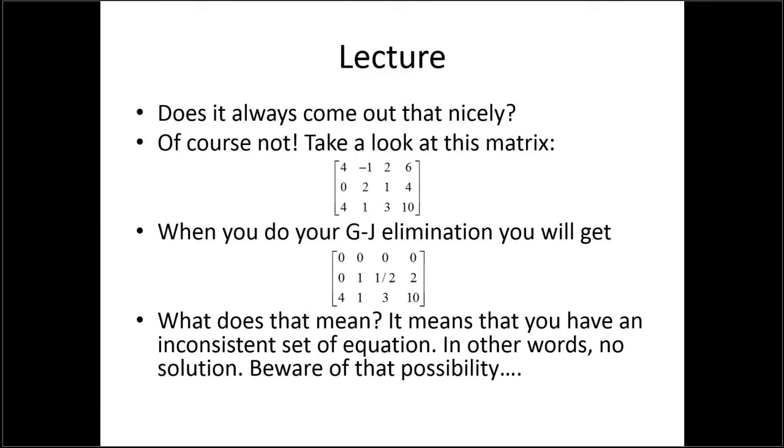What that means is that first row is no longer of use to you. It doesn't tell you anything. So what you're really left with are 2 equations and 3 unknowns. And what does that tell us? It tells us that it's an inconsistent set of equations. So you really have to be aware of that possibility because it will happen.